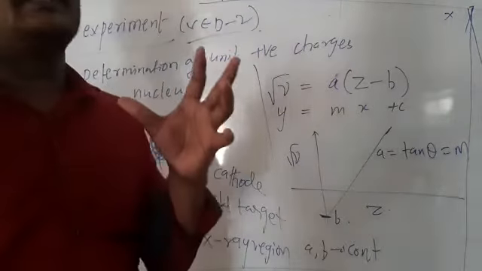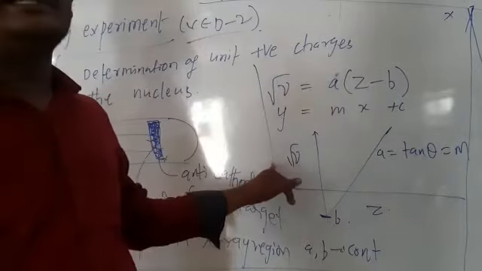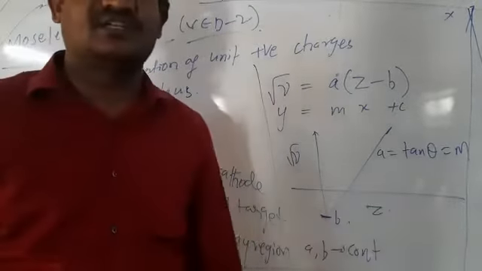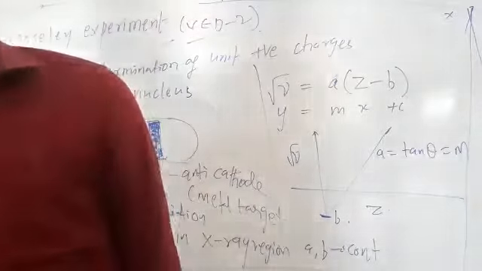So in his experiment, the atomic numbers and frequencies are directly related. For various metals, as the radiation frequency increases, the number of positive charges also increases.